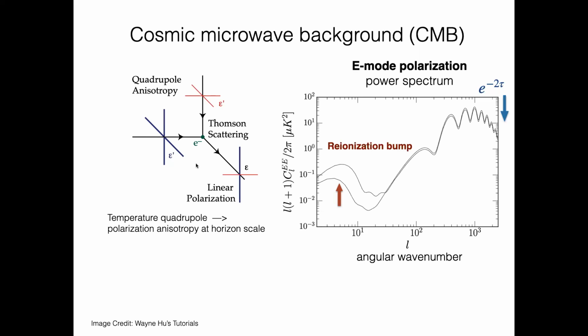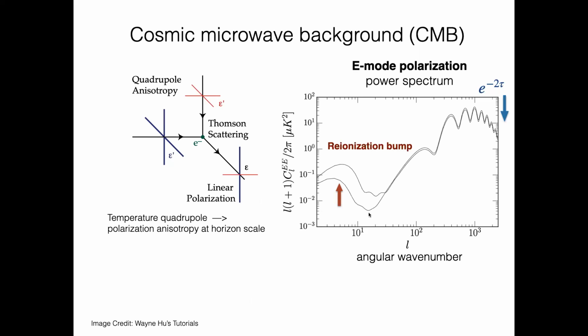When it scatters and goes toward you, it can only have the polarization in this vertical plane. So the net is that you have only polarization in the vertical direction. And if you have the quadrupole in the anisotropy of the CMB, which means, for example, it could be cooler from above, hotter from the right side, it's a quadrupole pattern. You end up with a total net linear polarization going toward the observer.